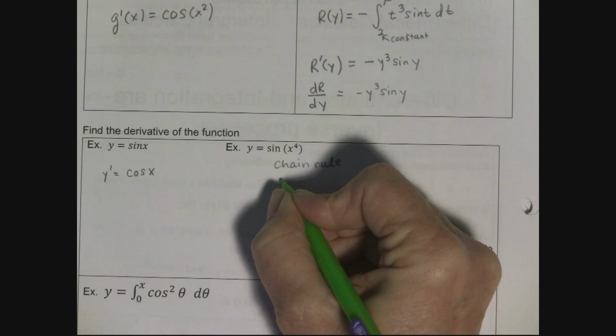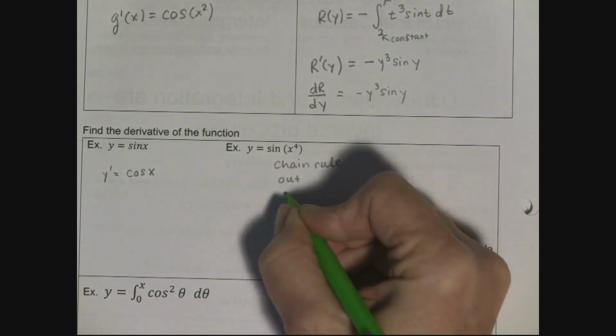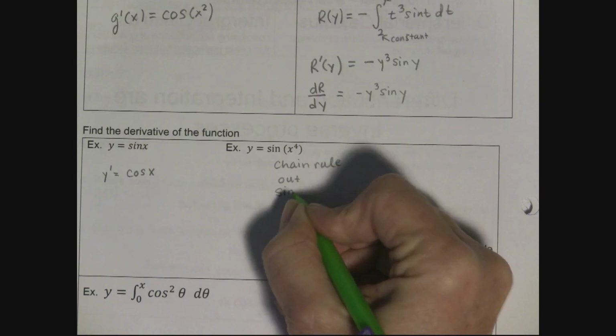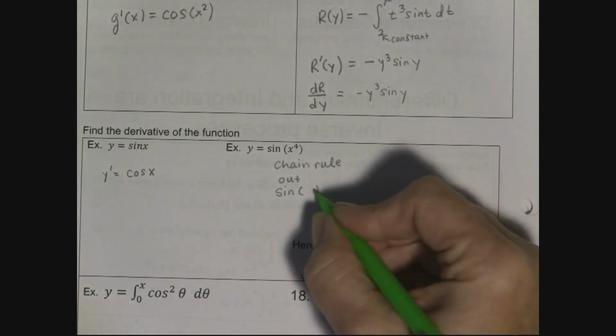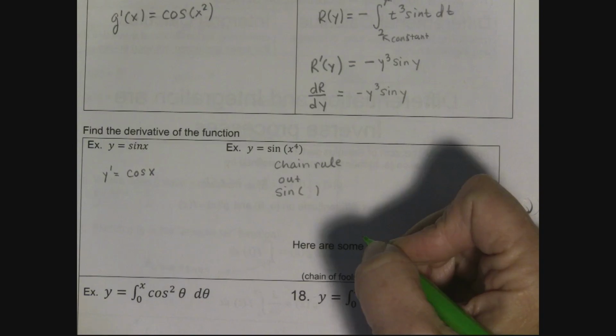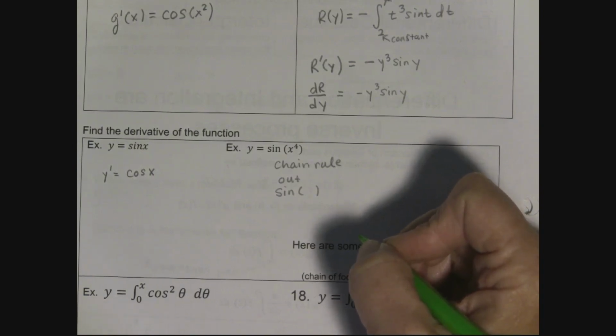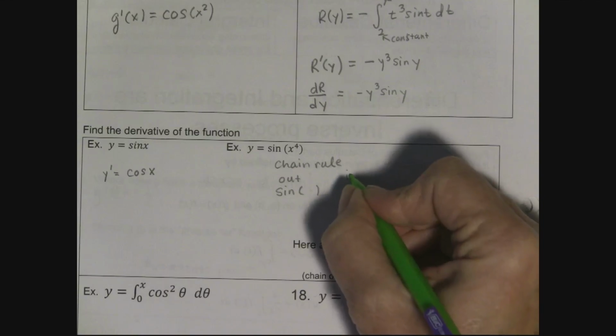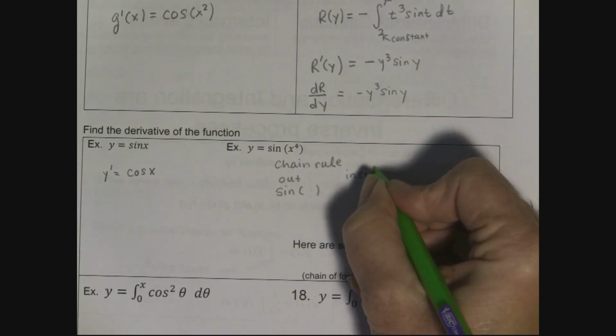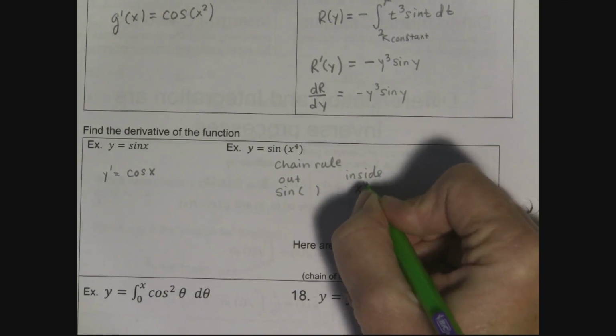And the chain rule has an outside function. That outside function is sine of what I'm going to plug in there, which is x to the fourth. And the inside function is what I'm going to substitute in, which is x to the fourth.